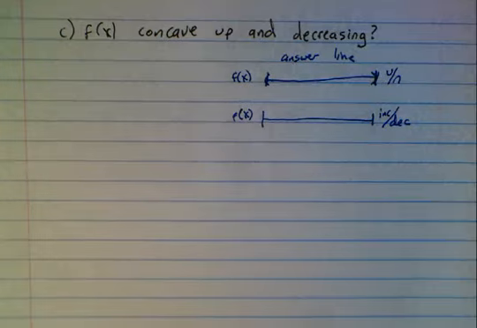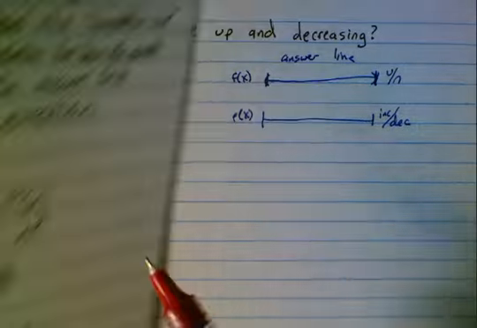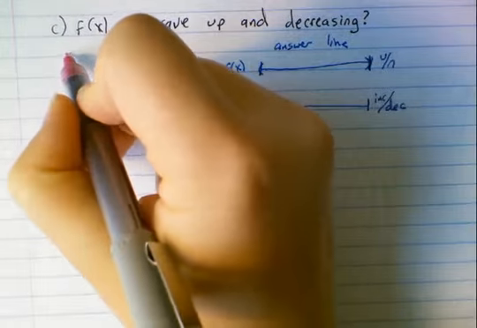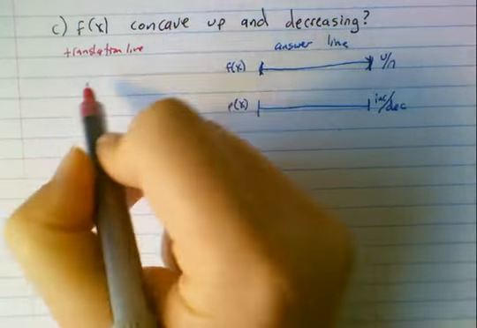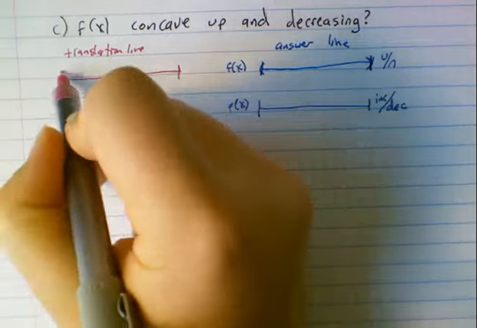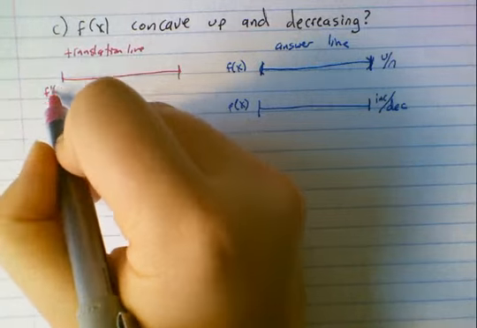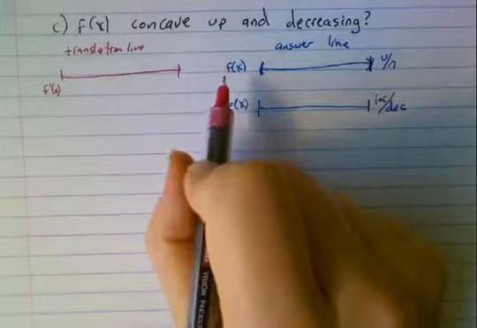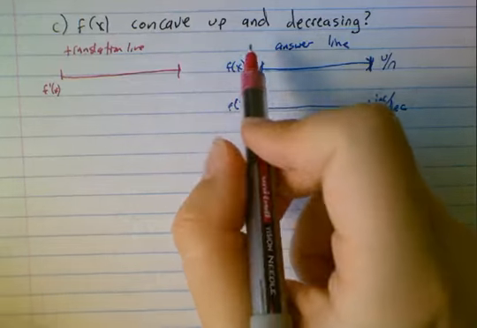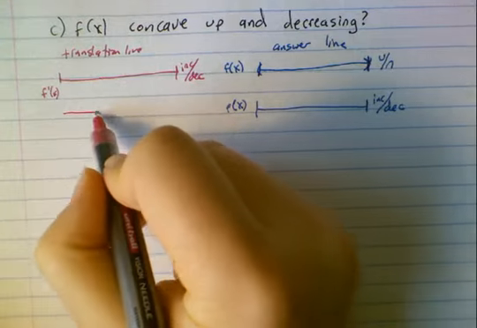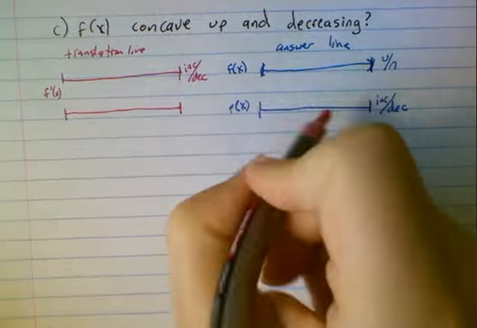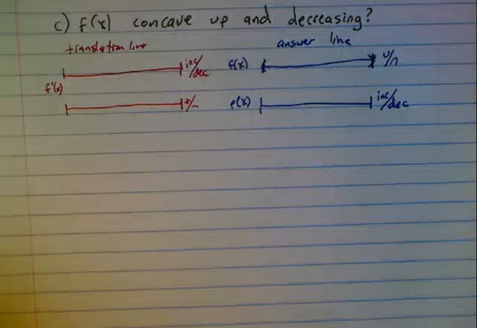We're interested in both. And as we saw before, we have f prime of x, so that means concave up, concave down translates to increasing, decreasing. Increasing, decreasing translates to positive, negative.